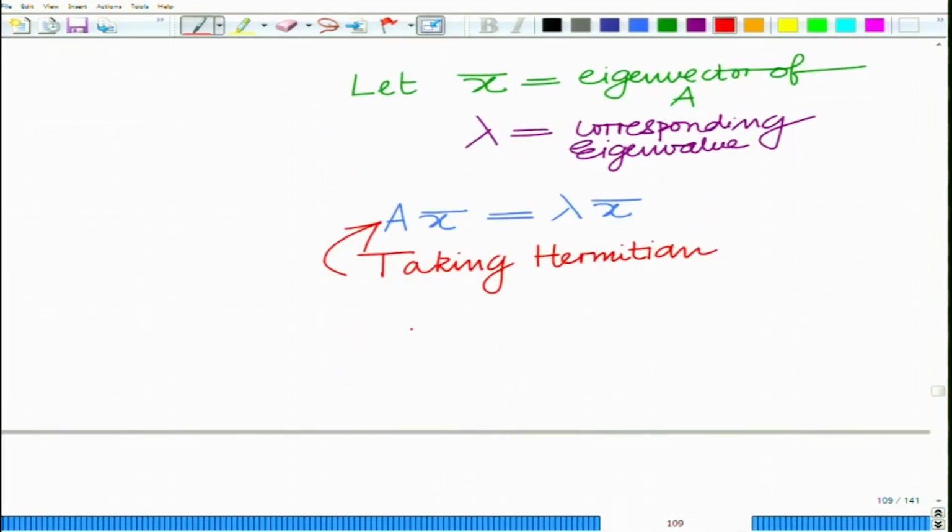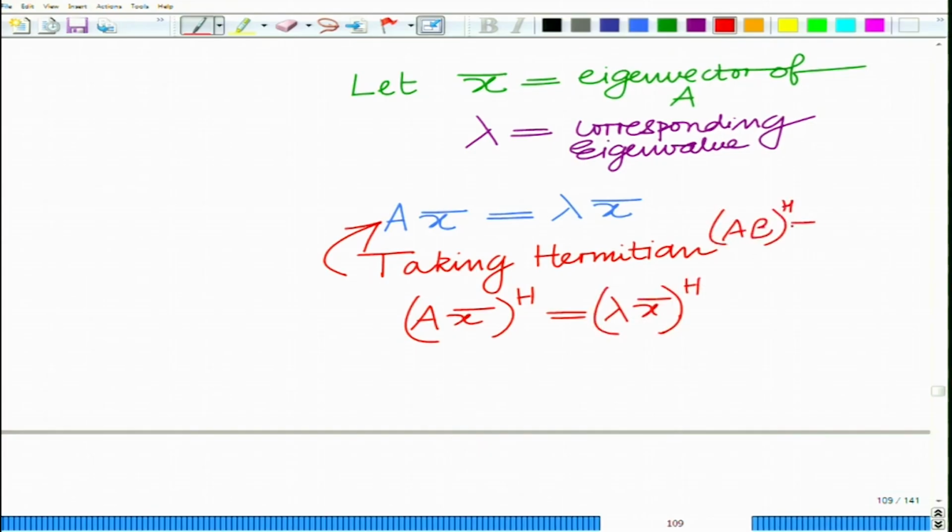So, we have now (A x bar) Hermitian equals (lambda x bar) Hermitian, and we will use the property that (AB) Hermitian, the Hermitian of the product of two matrices, is B Hermitian times A Hermitian.